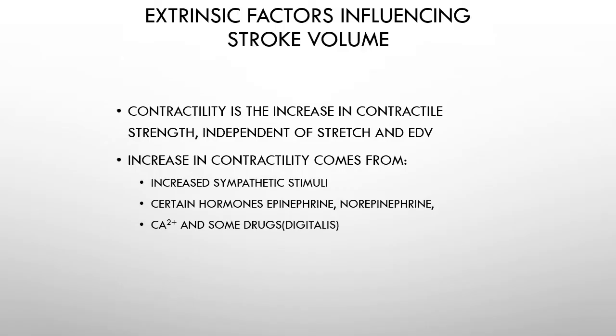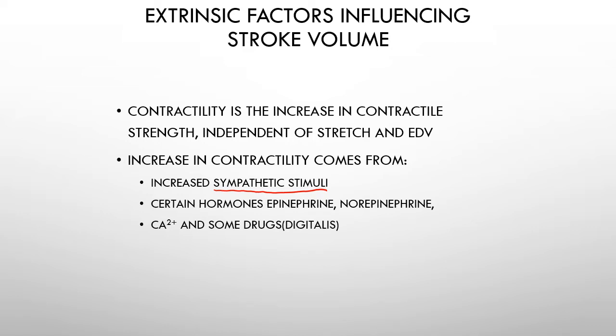Other things can influence stroke volume as well. It's not just the preload and the afterload. We talked before that we have innervation to the heart itself. Things like our sympathetic nervous system can increase the contractility of the heart, which is going to be the same effect as increasing preload or afterload. We can increase that contractile strength by having the sympathetics kick in.